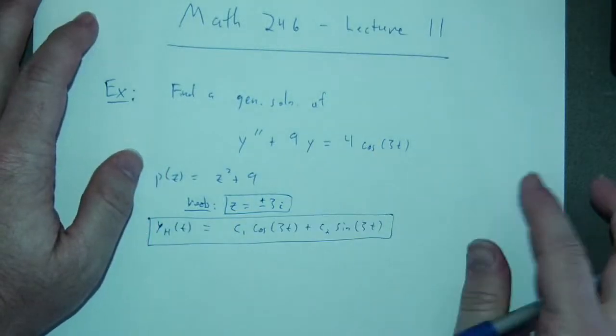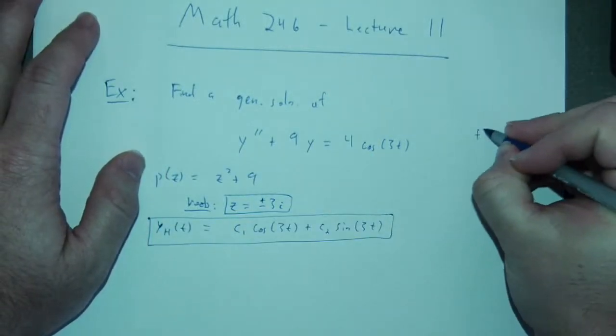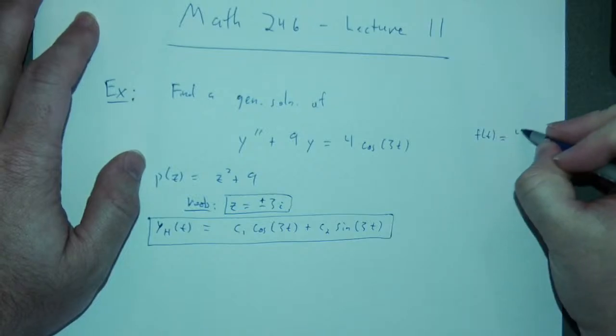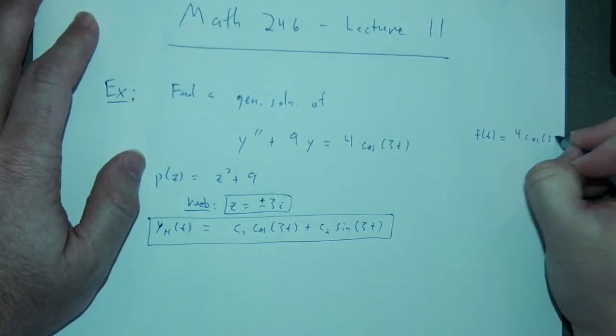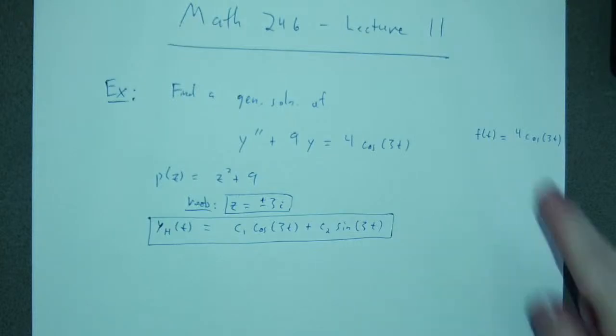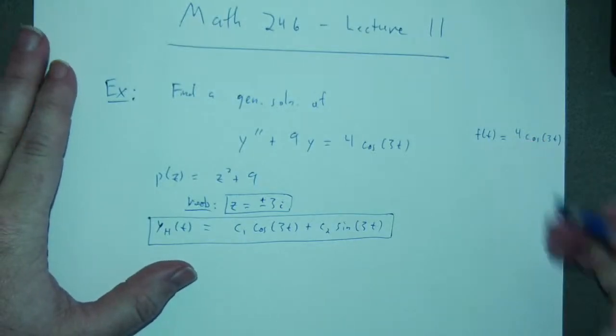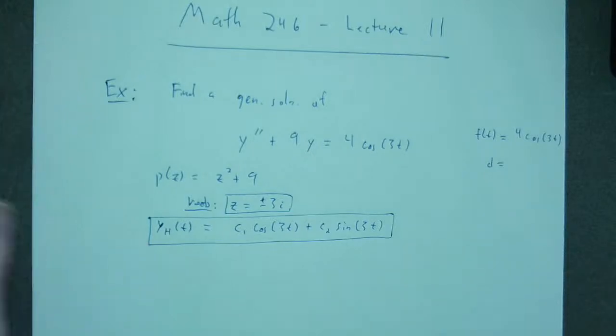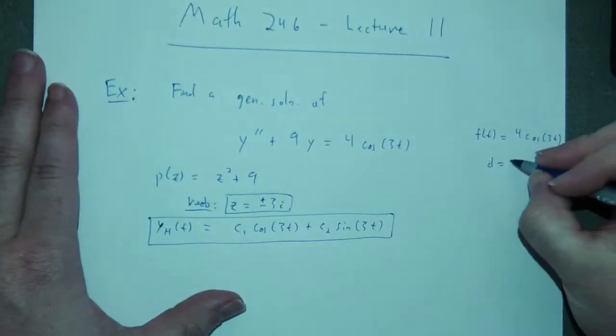In order to start that process, notice that f of t is 4 cosine of 3t. I have to do my usual thing and write, okay, what is the degree of this? Still degree 0, because this has no t showing up.